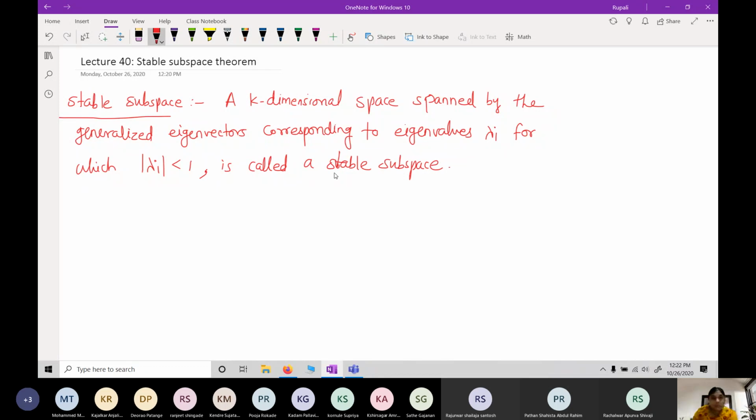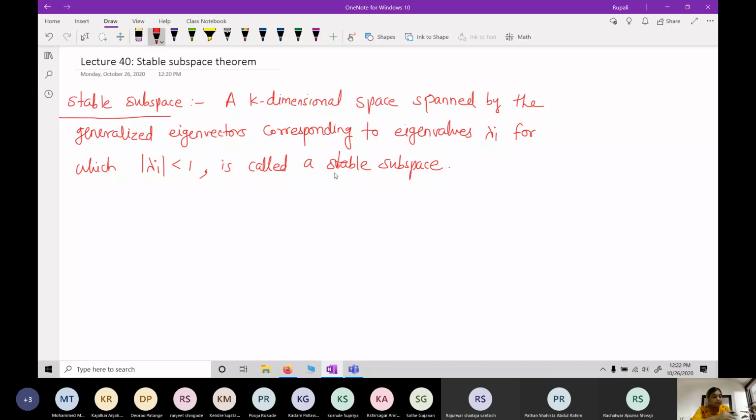Okay. So what is the stable subspace? It is a k-dimensional space spanned by the generalized eigenvectors, but only those corresponding to eigenvalues for which the modulus of lambda i is less than 1. Okay. So that space we will call a stable subspace.